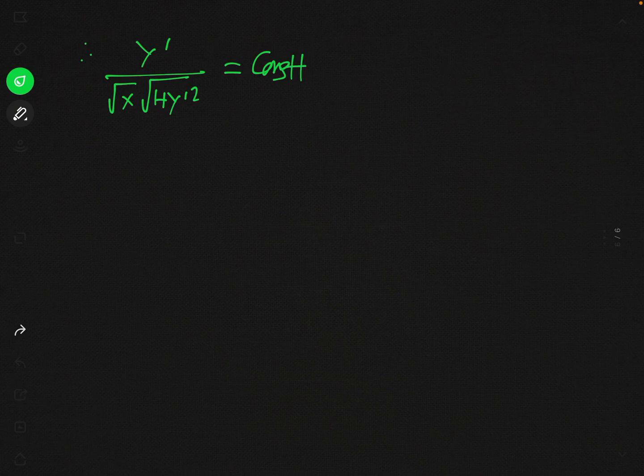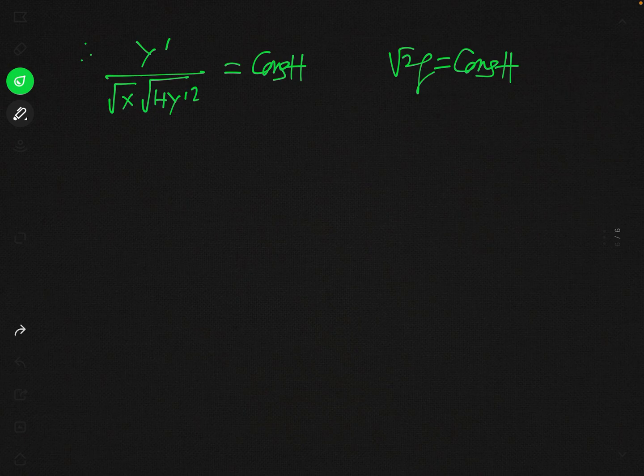I have omitted root over 2g because root over 2g is already a constant. So if you will multiply this constant by root 2g, then that will be another constant. So I have omitted that.